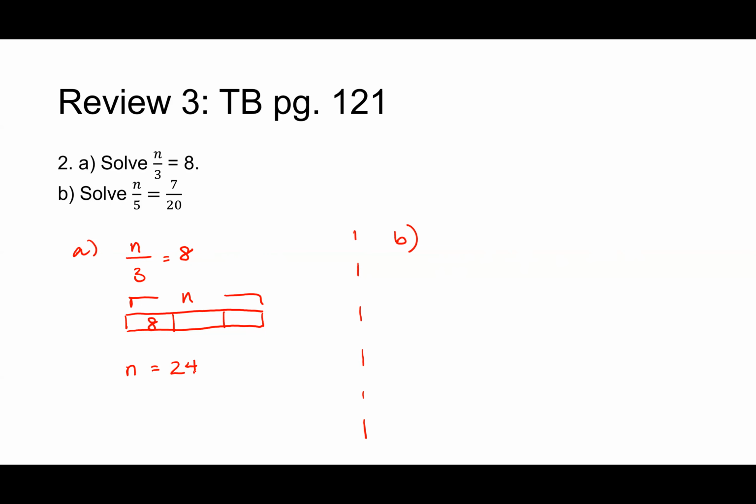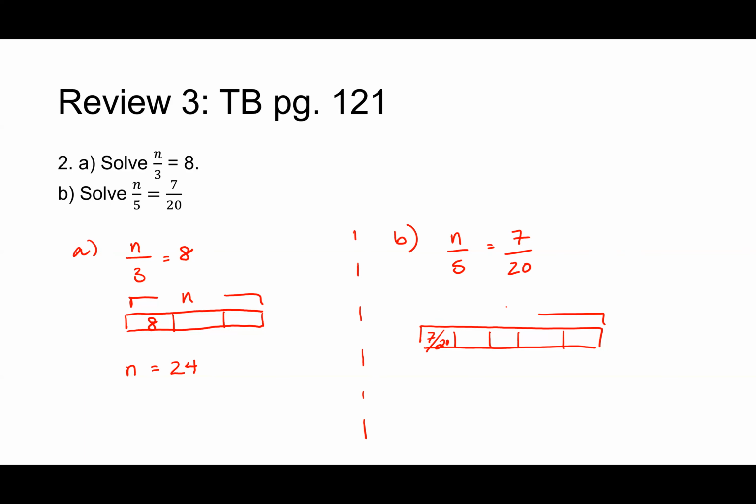All right. B says solve n over 5 equals 7/20. Oh. Okay. Let's bar model it again. There's my n. N over 5 equals 7/20. Okay.